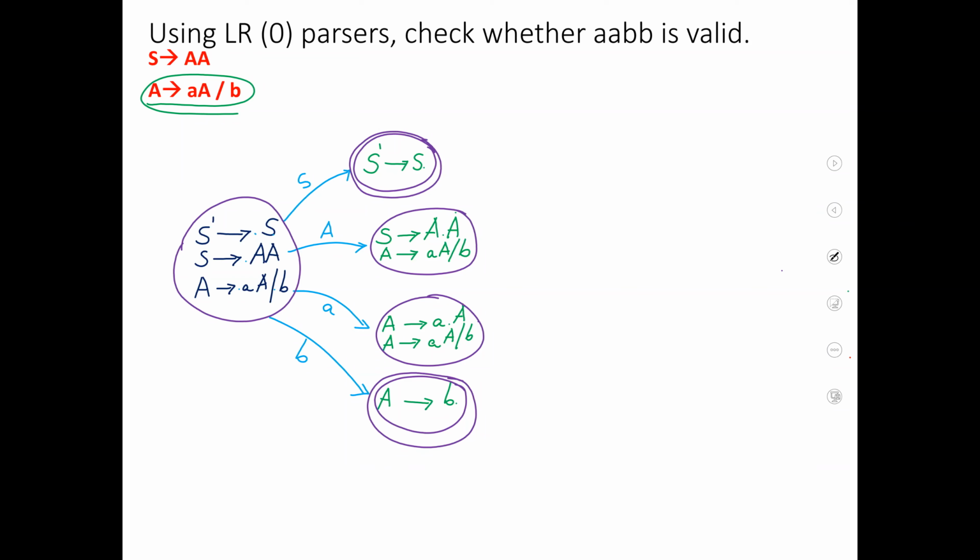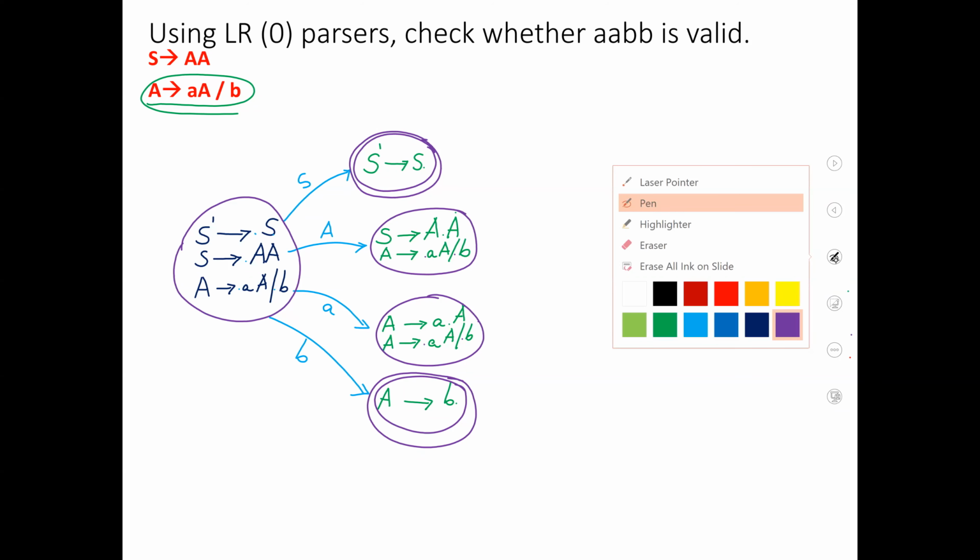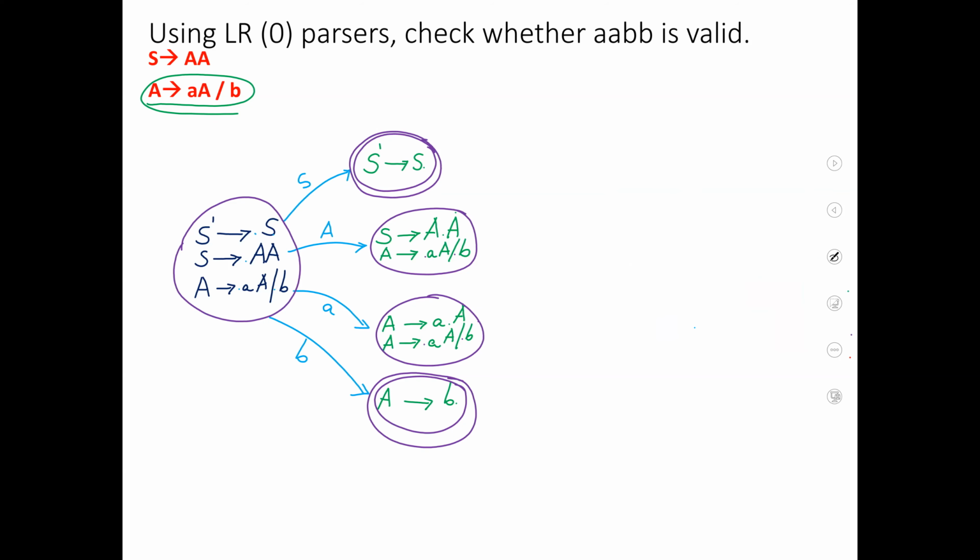Okay, so now look here. Here also, you'll be having a dot over here. You will even have a dot over here. Now, let's go for the next transition. Go for the second circle, A dot A, which means you can encounter an A. So what will happen if you encounter an A? If you encounter an A, you will get A dot, which will be a final state.